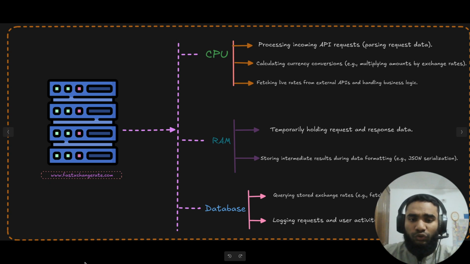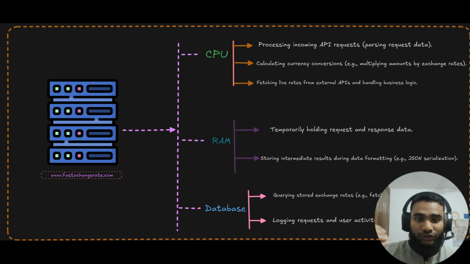I just mentioned these for simplicity, and these resources are limited, right? You do not have an infinite number of resources of CPU, RAM, and databases, right? So the server consumes these resources to successfully accept the API request, process it, and send the response to the client.